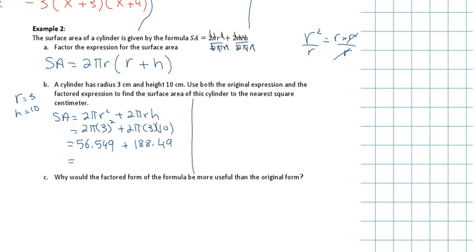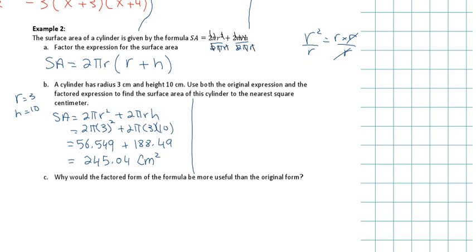Okay? Now we're going to do exactly the same thing but using the factored formula. So the factored formula says it's 2 times pi times r and then r plus h. R plus h is 3 plus 10.